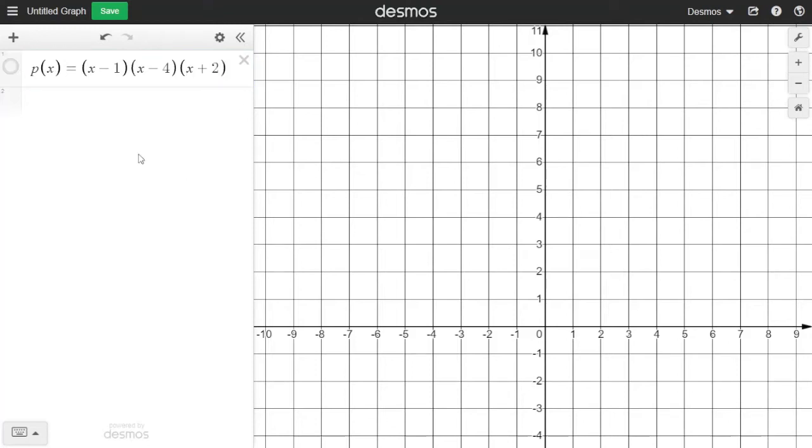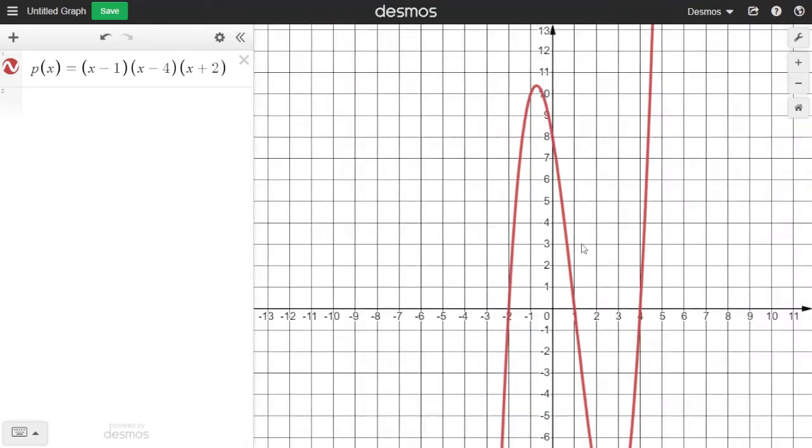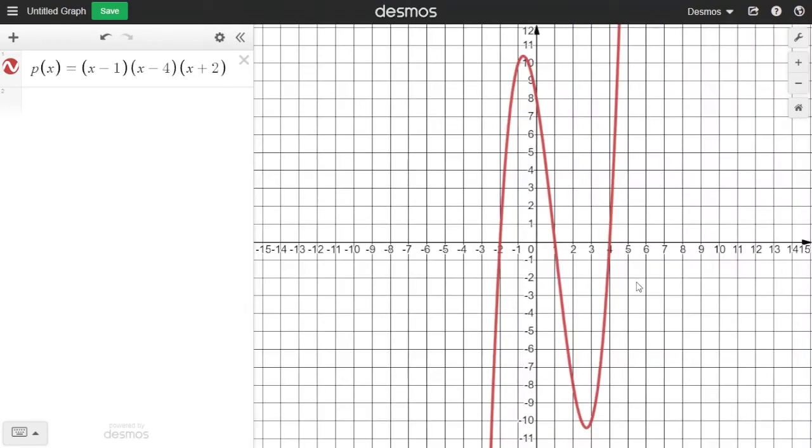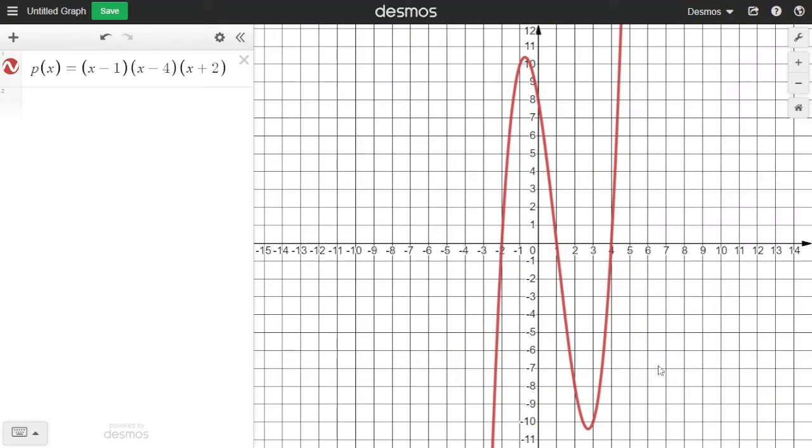Okay, now we are ready to pull up the actual graph. This time for this 3rd degree, the end behaviors match perfectly with the property we've learned about end behaviors for a degree 3 polynomial. So the 2 ends go in opposite directions.